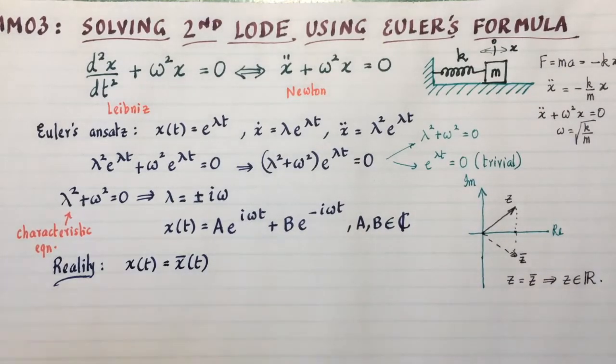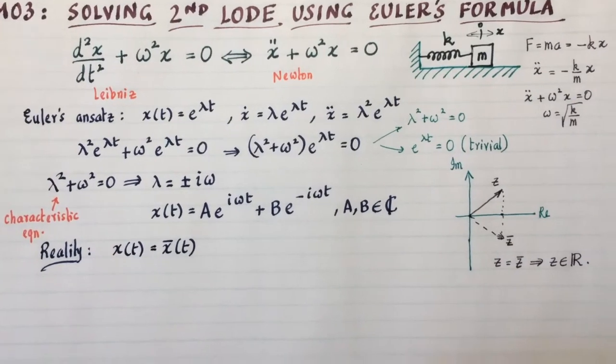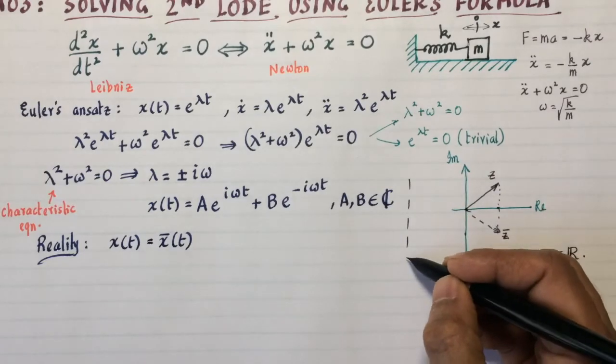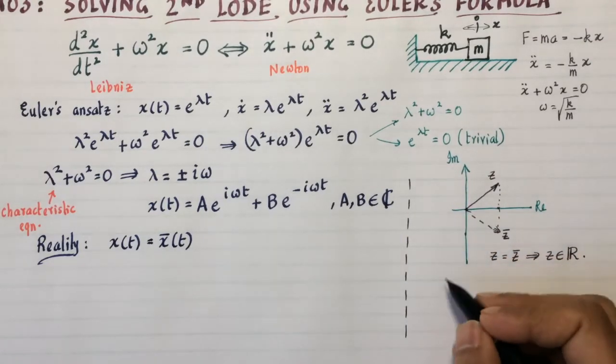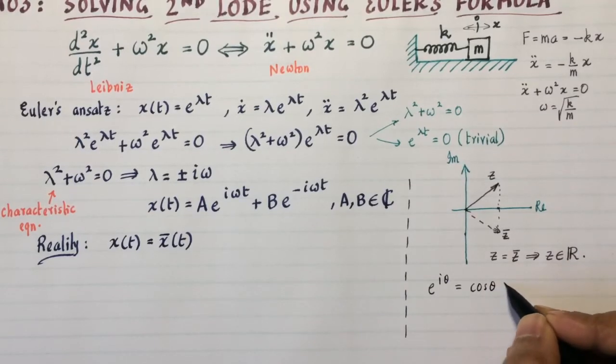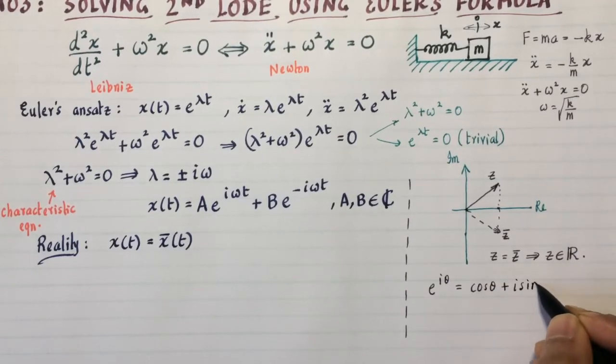Now also, off to the side, let's try to understand what this reality constraint means for Euler's form. e to the i theta is cosine theta plus i sine theta.